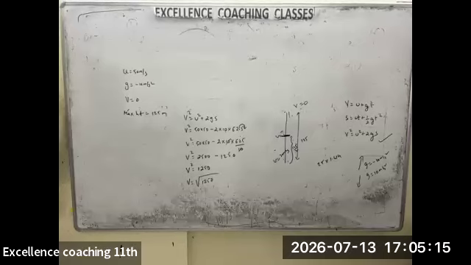An object is projected upward with a velocity of 100 meter per second. So what is the first thing that is given to you all? Initial velocity is 100 meter per second and it is projected upward. So what you know? G is minus 10 meter per second square.